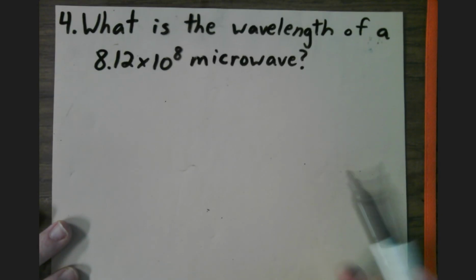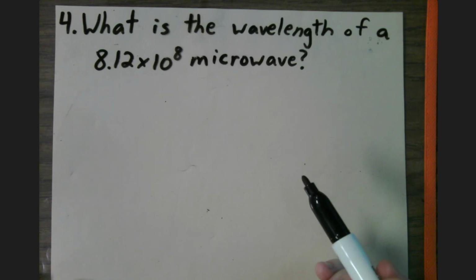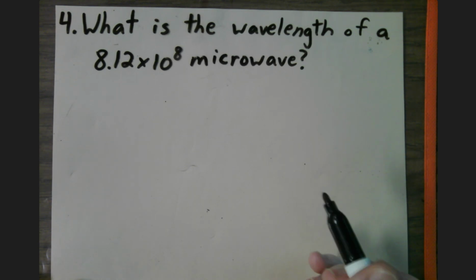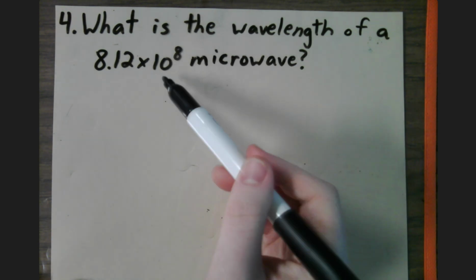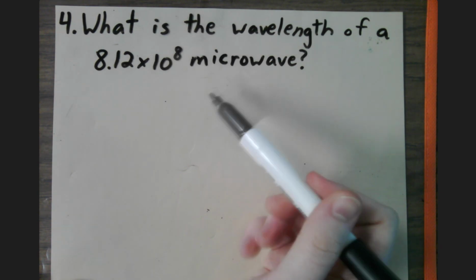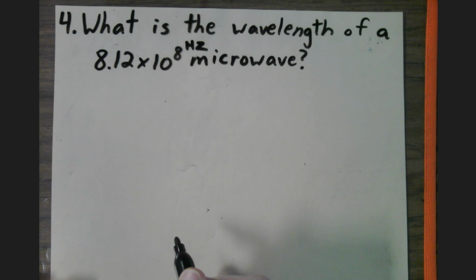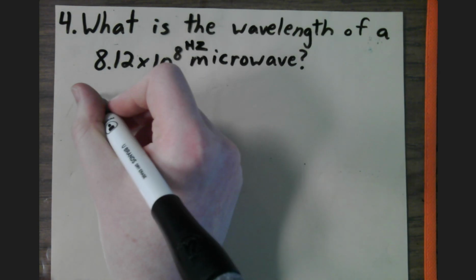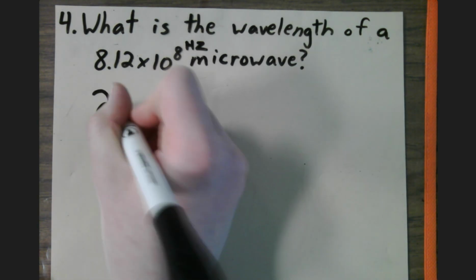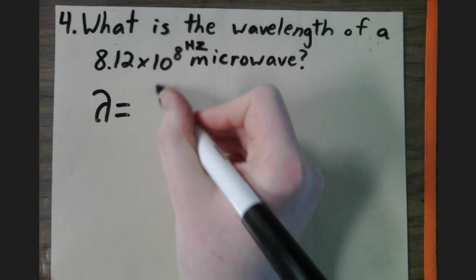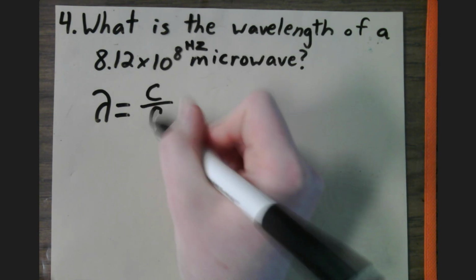What is the wavelength of an 8.12 times 10 to the 8th power microwave? And again, this is in hertz. What you're going to do first is your formula. So you've got lambda is equal to the speed over frequency.